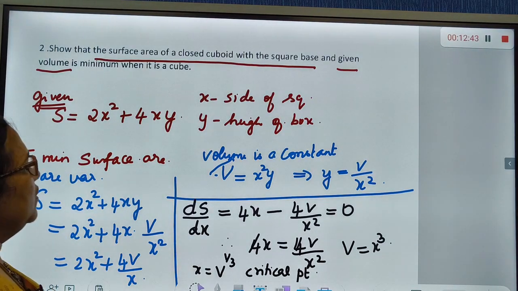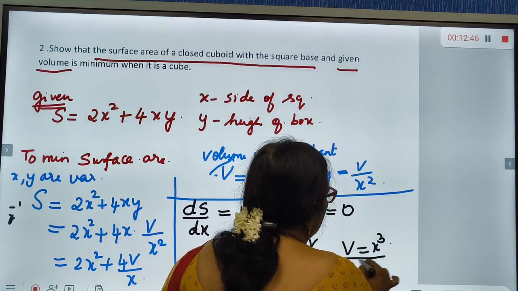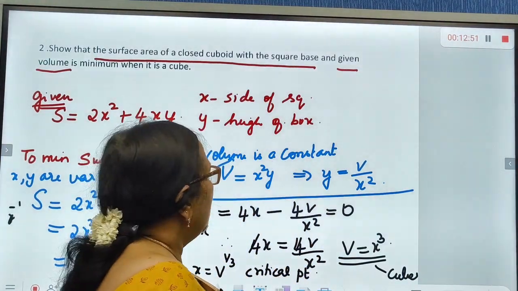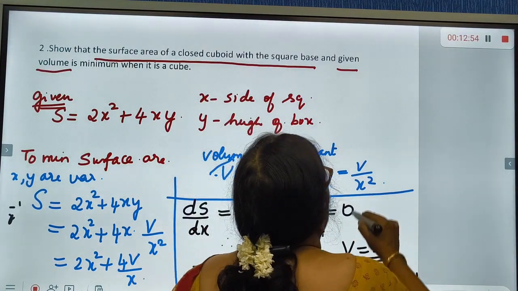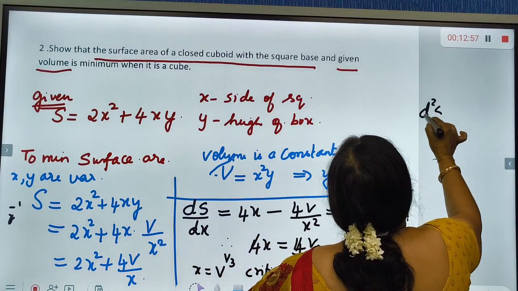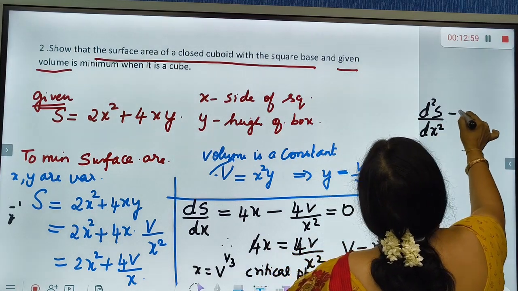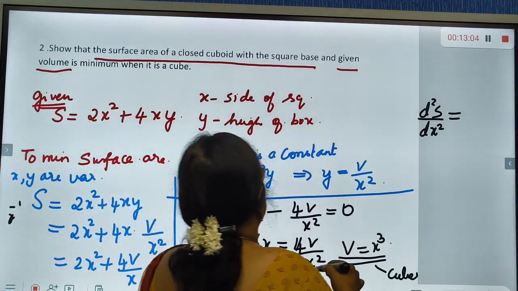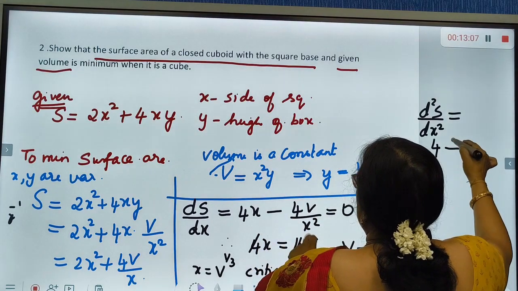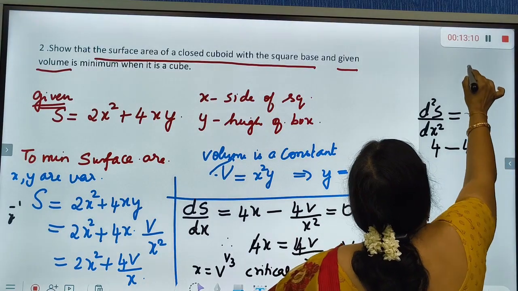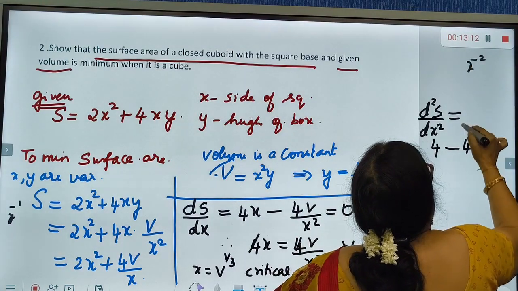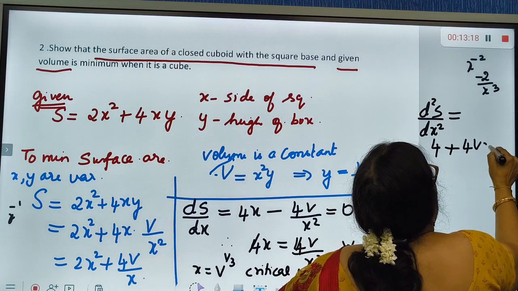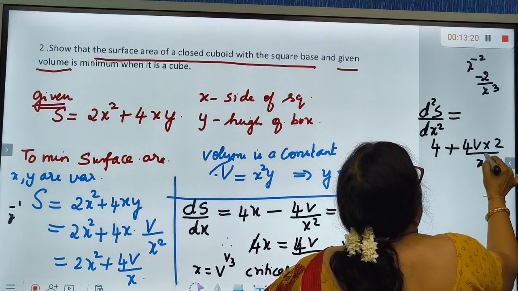Now if the volume is x cube, what is it? It is a cube. Right? Now, how do you check whether the surface area is minimum? You have to look at d square S by dx square. Differentiating dS by dx, I will get 4 minus 4V into 1 by x square, so x power minus 2, so I will get minus 2 by x cube, so plus 8V by x cube.